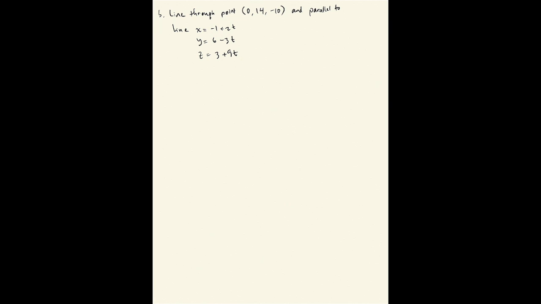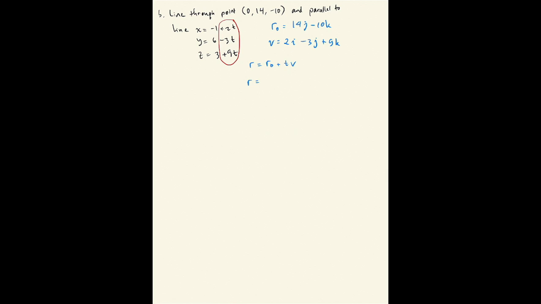So the direction will be this one, the red color here. That will be the direction: 2, -3, and 9. So I will write r0 as 14j, and the other as 2i. And then the vector will be r.